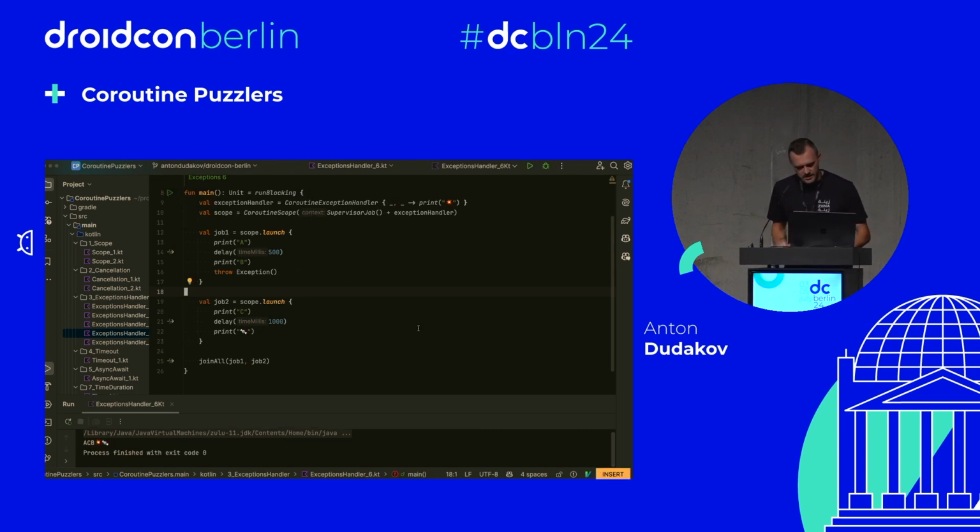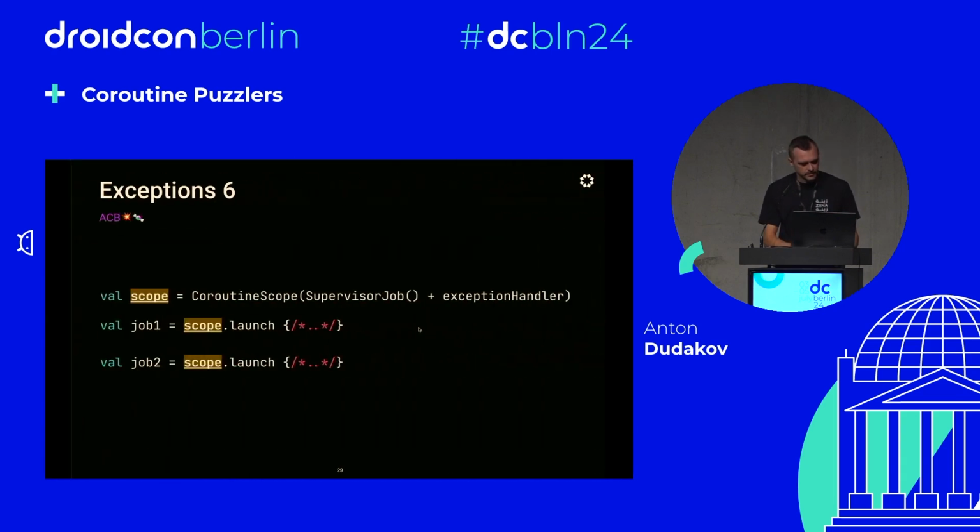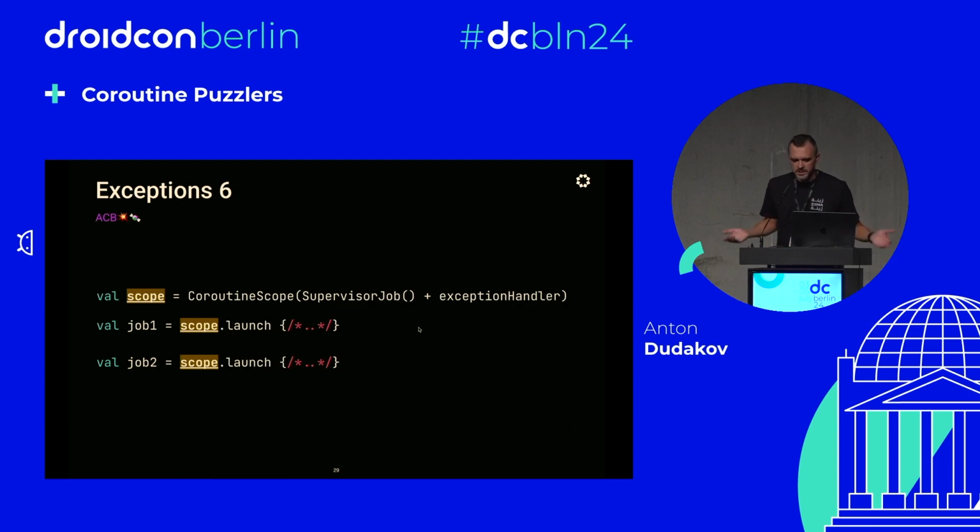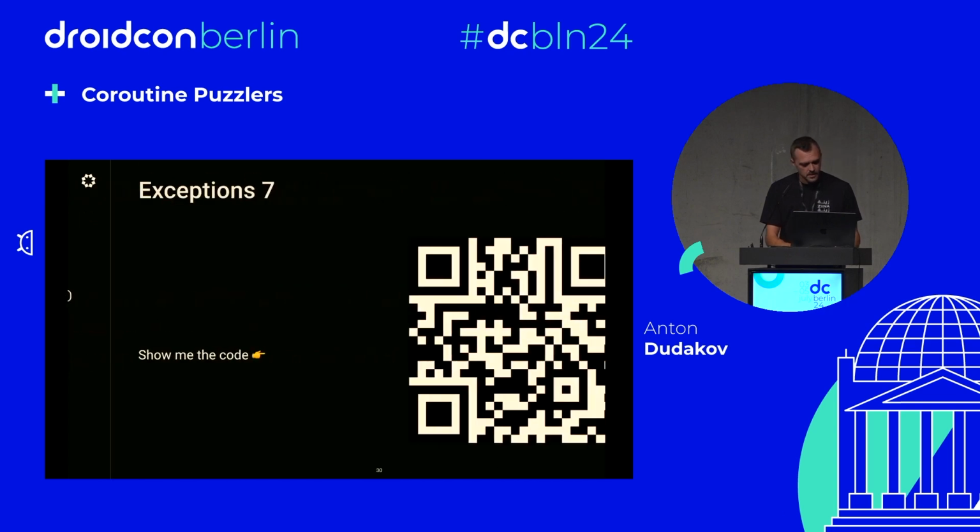So actually, yes, it's the same thing. We just unwrapped that nice DSL. This is how it looked. We created the scope with the supervisor job, and we run with this parent job. We launch 2 coroutines, and they can fail independently.